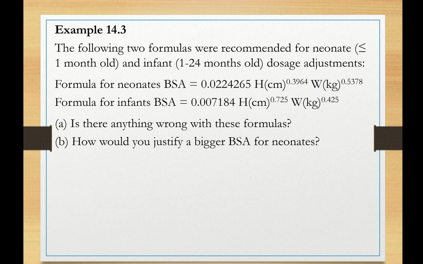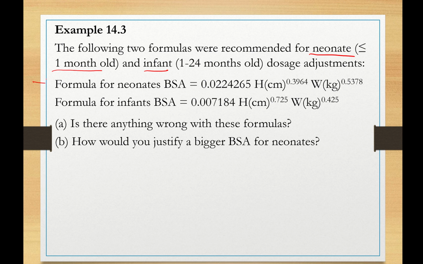That's what I'm referring to. So here we have two formulas that were recommended for neonates, which is less than 1 month old, and infants, which is 1 to 24 months old, so basically up to 2 years, right?